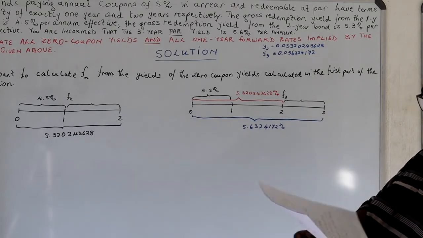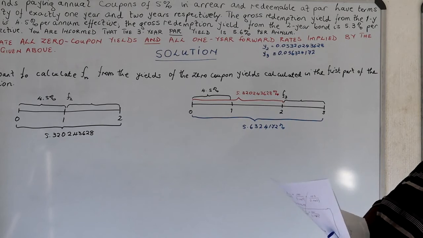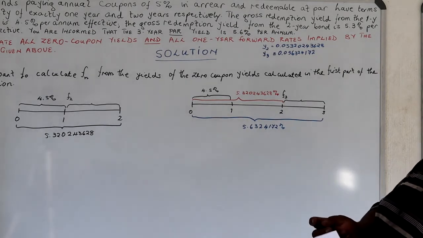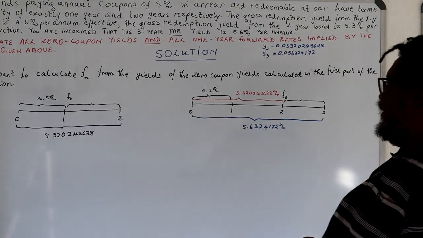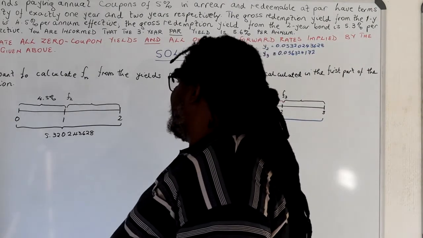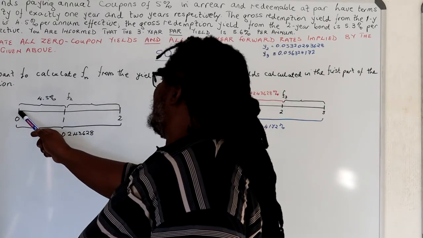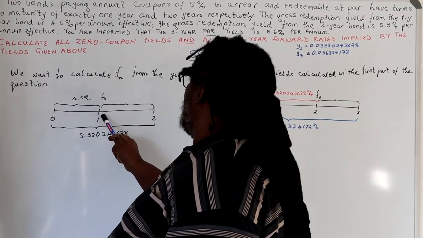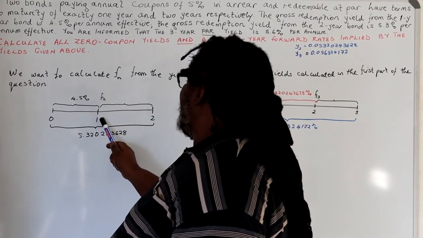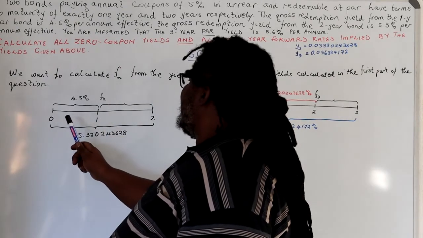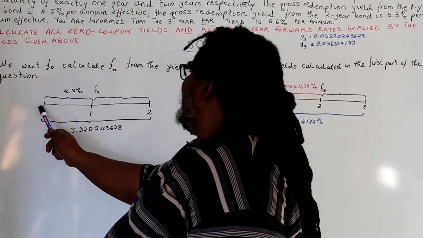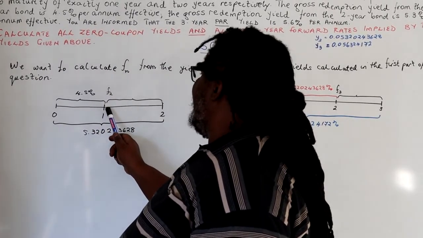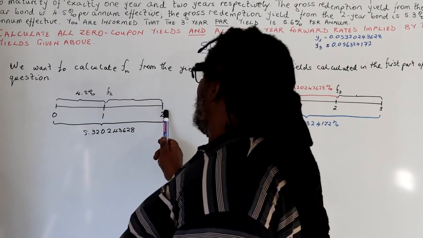And here is the reasoning behind the calculation. Imagine that we have an investment that is going to start to apply F2 when it gets to period 1. So you can use that investment starting from 0, and then it applies 4.5% to period 1, and then it applies F2 to period 2.